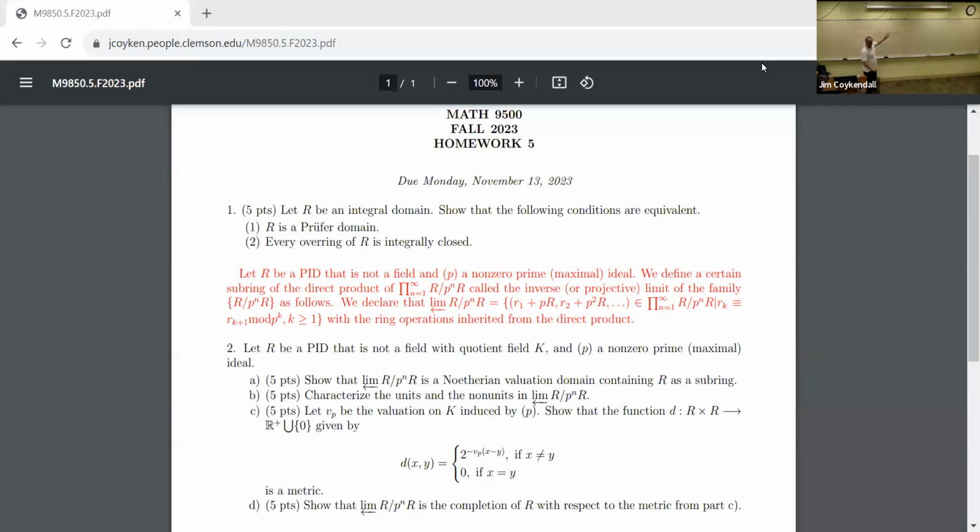So this is just something that you might find in the direct product of Z mod 5 and Z mod 25 and so on, but I can't give you complete freedom. I'm going to declare the following.